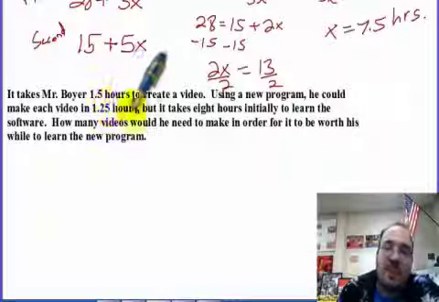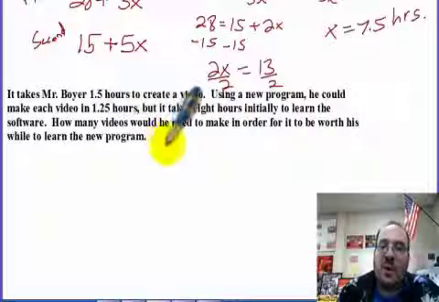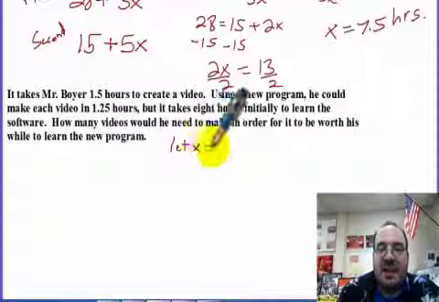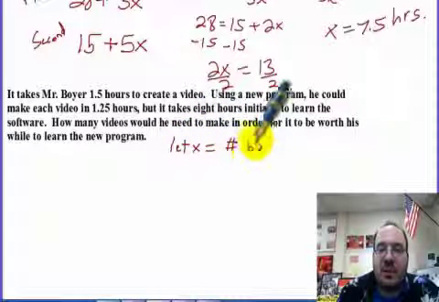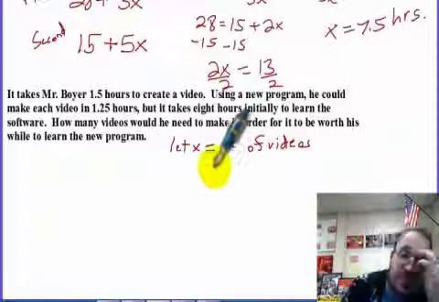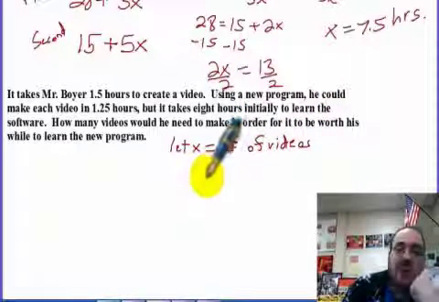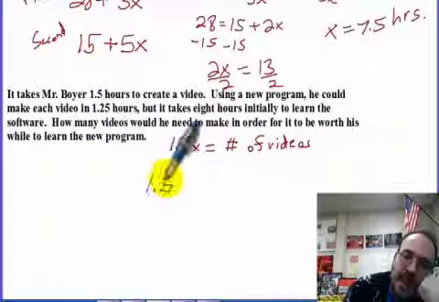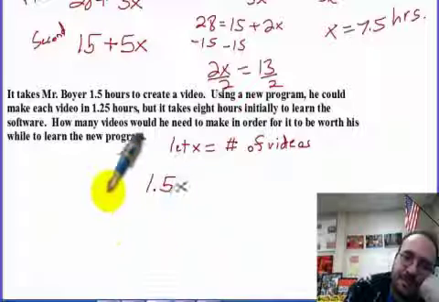So let's see, 1.5 hours to create a video. So the number of videos that I make determines my time. So I will let x equal the number of videos. Actually set up similar to how we did this last problem here. And then the total time that I take doing it the old way would be 1.5 times x.